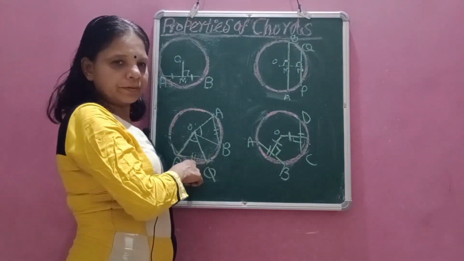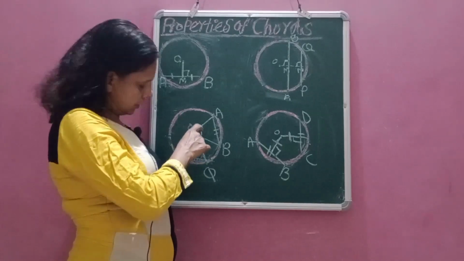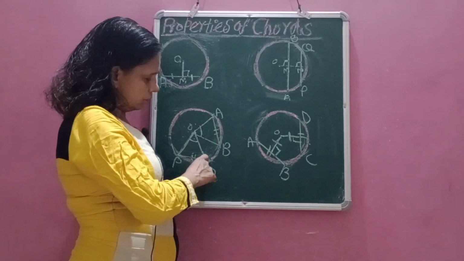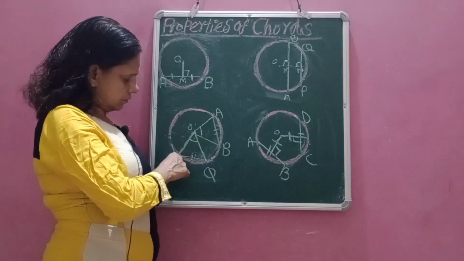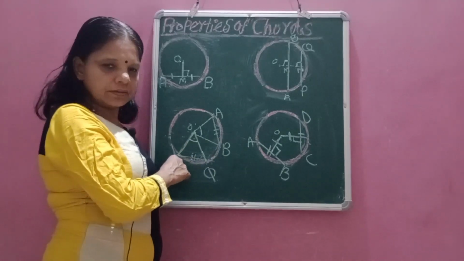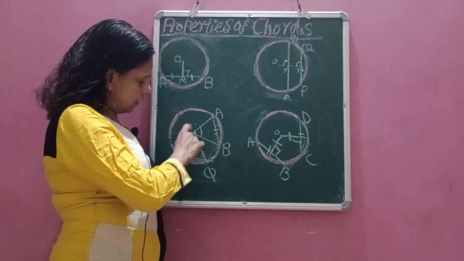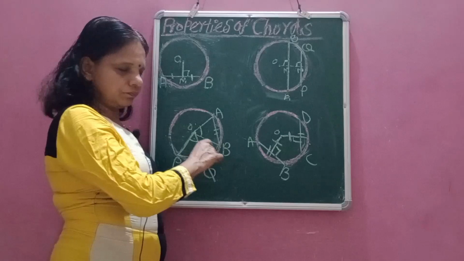Now the second property. O is the center of the circle. There is a chord PQ and chord AB. Then the angles subtended at the center by these chords are angle POQ and angle AOB.